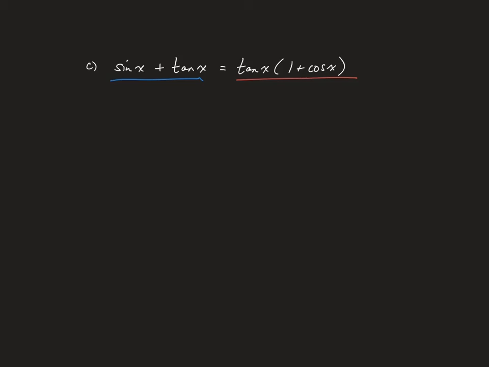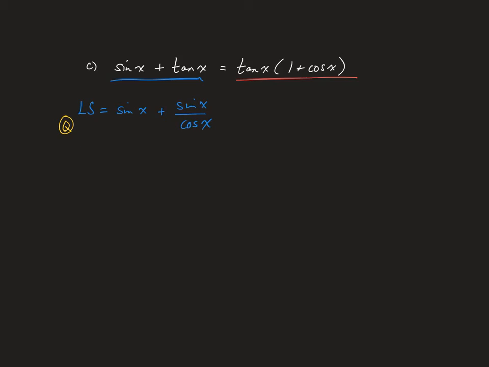So I'm just going to manipulate the left side, only because the left side comes first and I read left to right. So maybe I look at that left side and I say, I'm not sure what to do, but I know that I can always replace my tan with sine over cos. And since I just subbed in using my quotient identity, I'm going to quote my quotient identity.